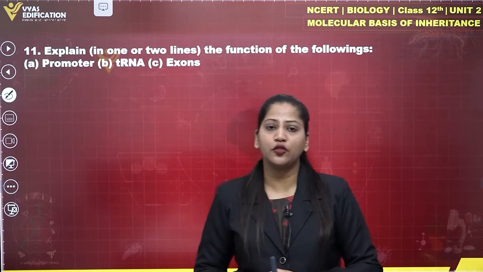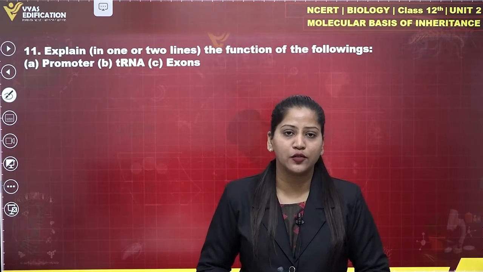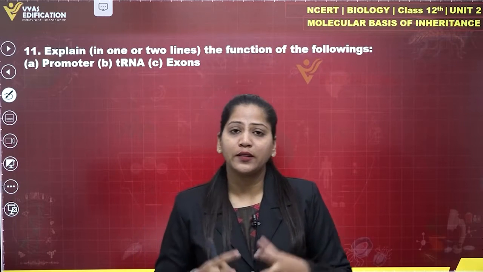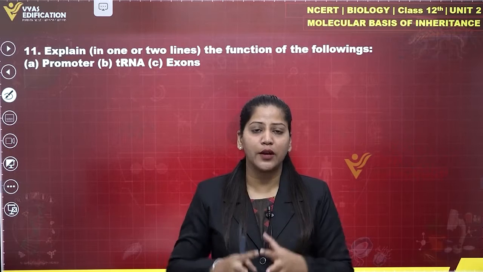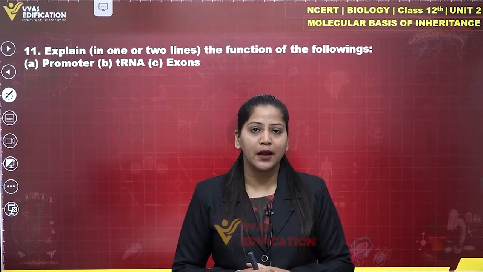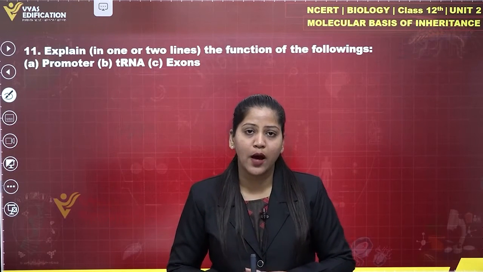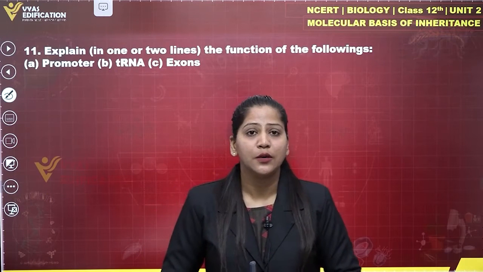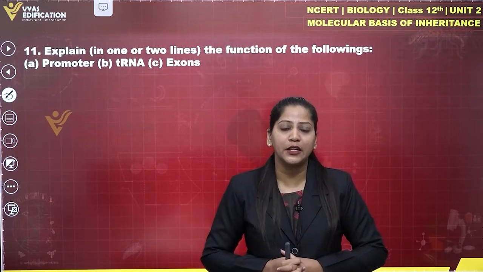If we talk about the function of tRNA, also known as transfer RNA, it reads the genetic information present in the form of triplets on mRNA, and also transfers the appropriate amino acid from the amino acid pool of cytoplasm to the growing polypeptide chain.